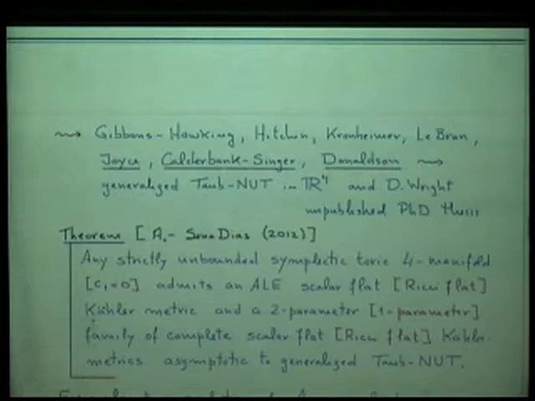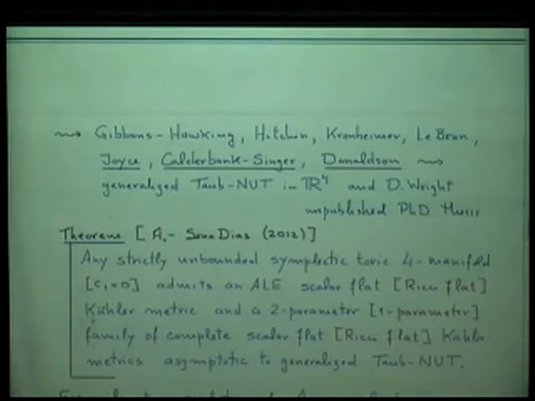A very relevant work for what I'm talking about here is a paper by Calderbank and Singer. Also Donaldson. And what Donaldson did was use action angle coordinates in dimension 4 and 0 scalar curvature to generalize the known Taub-NUT metric on R4 to a one-parameter family of metrics which are asymptotic to Taub-NUT on R4 but are not Taub-NUT.